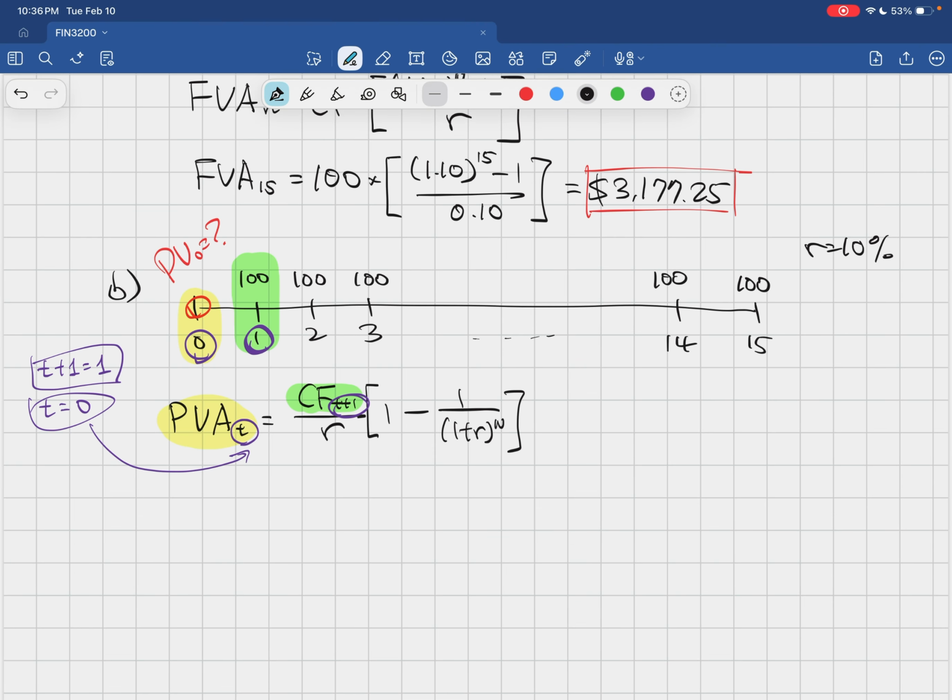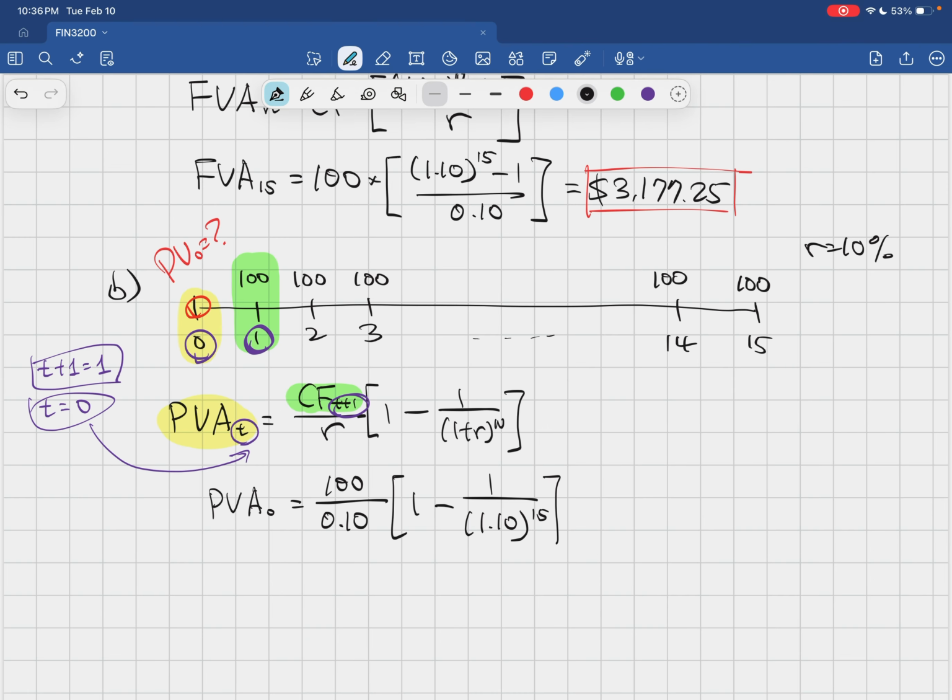So we're going to plug the numbers in. Here, the first cash flow of the annuity occurs in time 1, so we can get the PVA as of time 0 right away. The magnitude of the cash flow is $100. R is still 10%, and we divide by 1.1 to the 15th power.